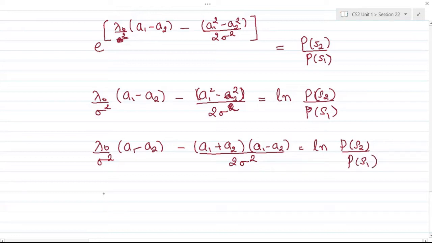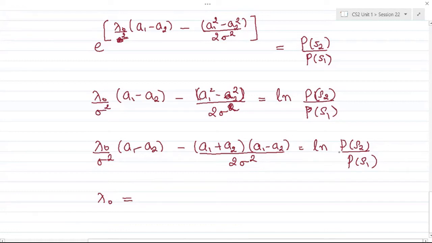Now, to have lambda naught, I should take a1 minus a2 by sigma square, which is common in both the terms, onto the other side. Lambda naught I'll retain on the left hand side. I'll skip that one step and multiply onto the right hand side.